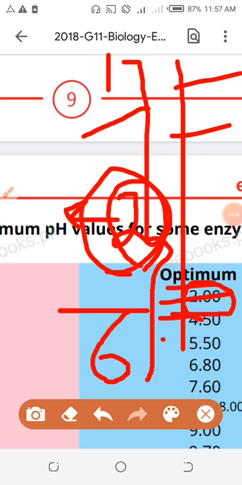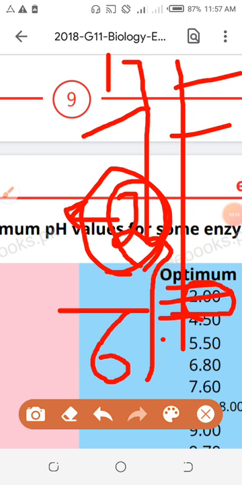If pepsin cannot work at 4, 5, 6, then why do we say pepsin works in acidic medium? We should not say it. If you say pepsin works in acidic medium, you are confirming it can work across the range, but if it only works at 2, you must say pepsin does not work at 3.